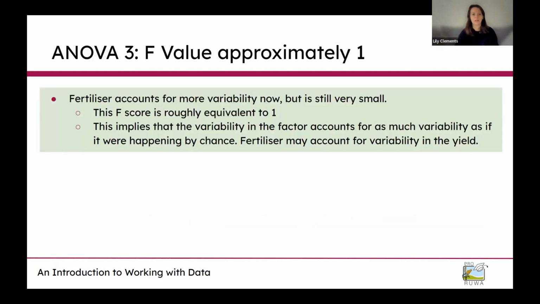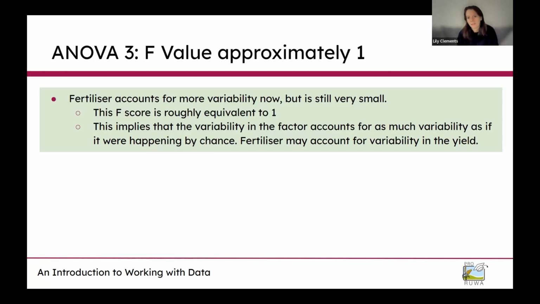Well, that implies that the variability in the factor, so in our case the variability in fertilizer, accounts for as much variability as if it was happening by chance.